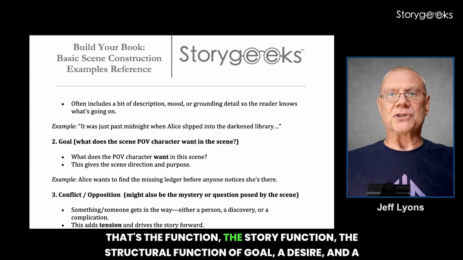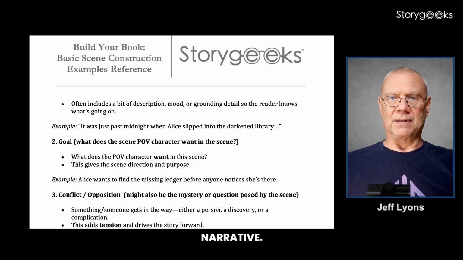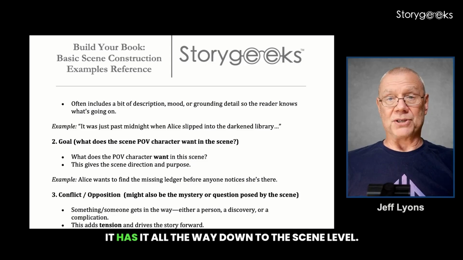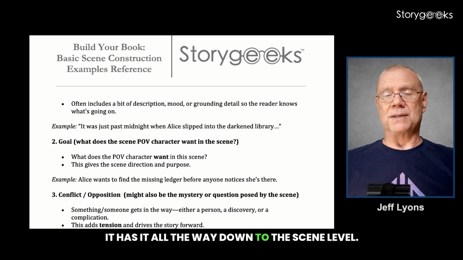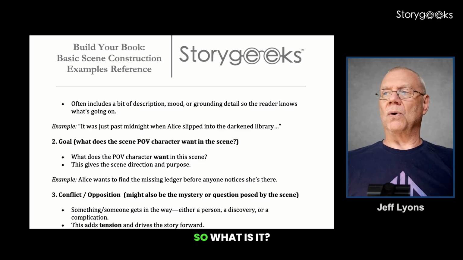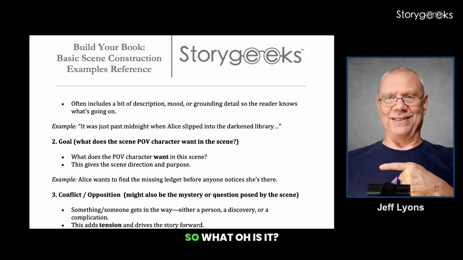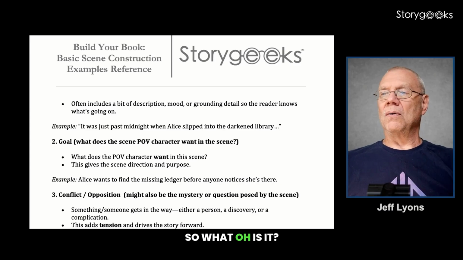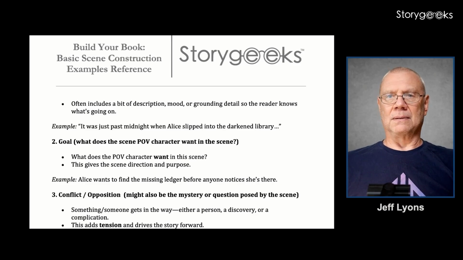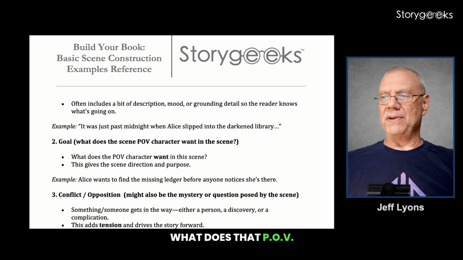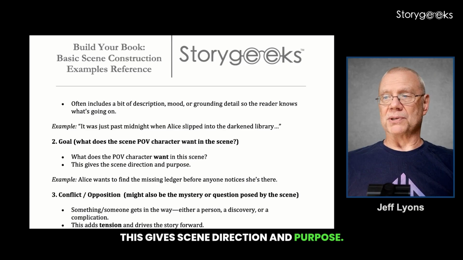That's the function, the structural function of goal and desire in a narrative. It's got a purpose, and it has it all the way down to the scene level. So what is it? There's a worksheet that helps you do this. What does that POV character want in the scene? This gives scene direction and purpose.